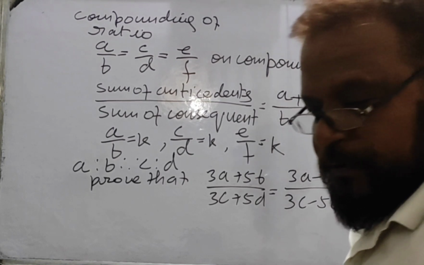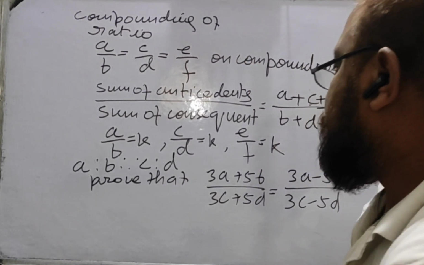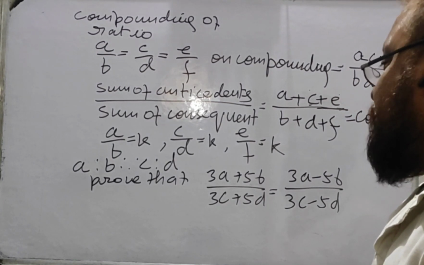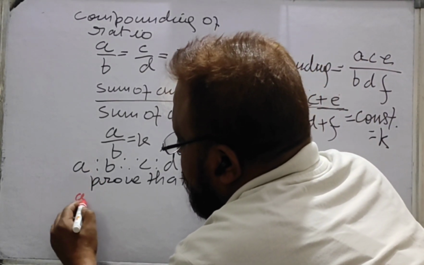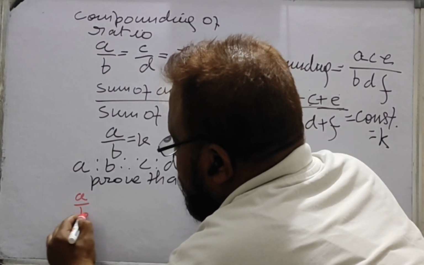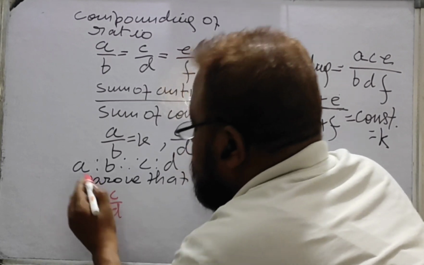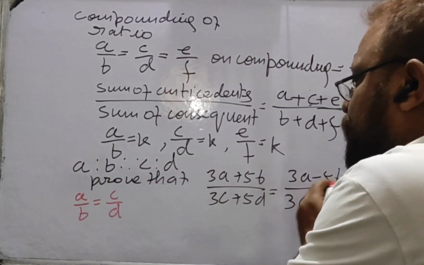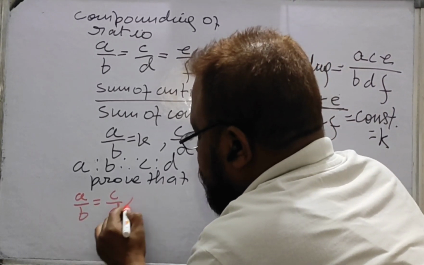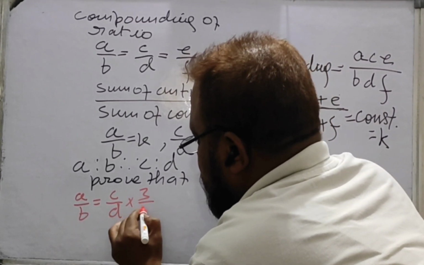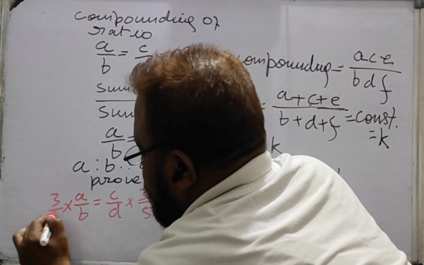So how will you do this? In this question, you will first write a upon b is equal to c upon d. Fine. Since it is given and you have to prove this, both sides multiplying by 3 by 5, right?